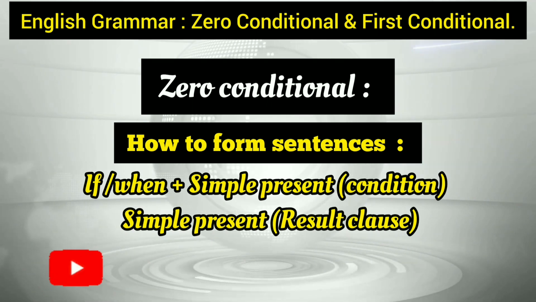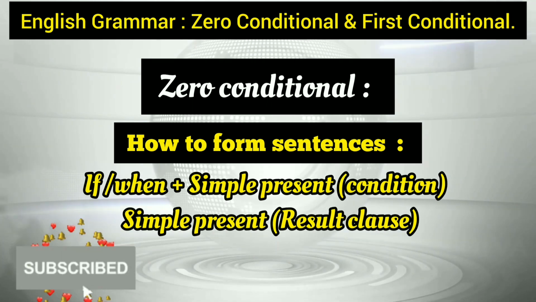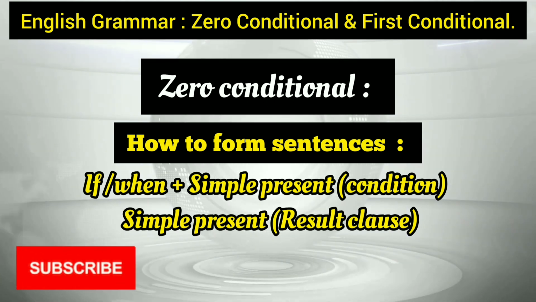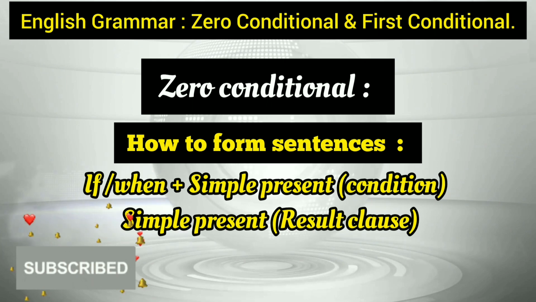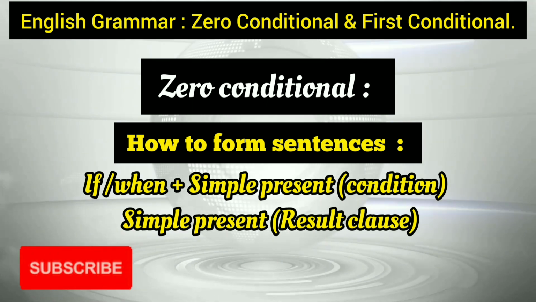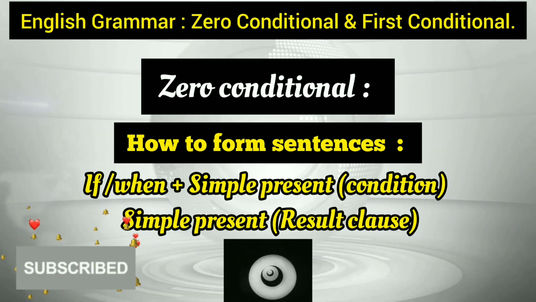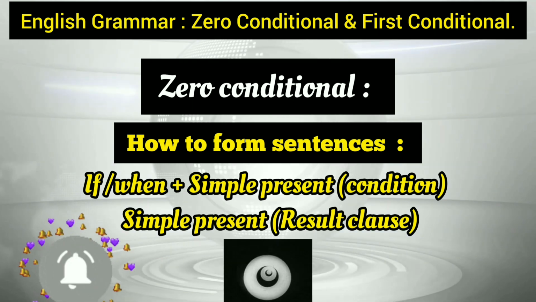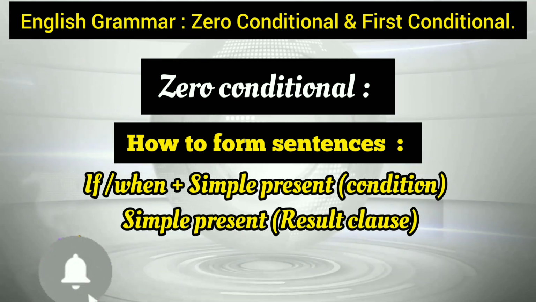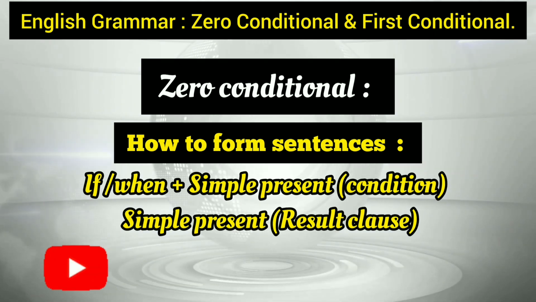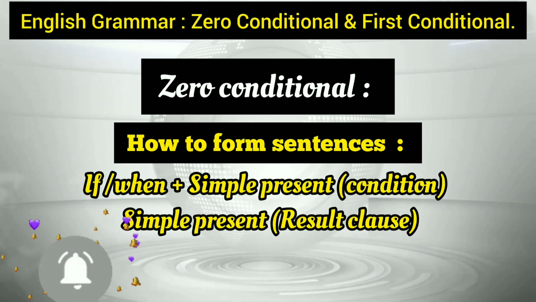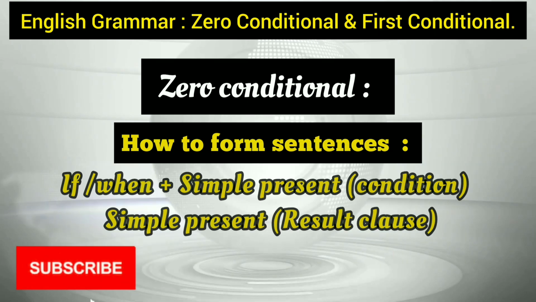Here we use simple present that gives the condition, and in the second part, the result clause, we also use the simple present tense. So one thing is clear, that in the case of zero conditional we use the simple present tense in both the clauses. Let me show you and let's discuss some interesting sentences.